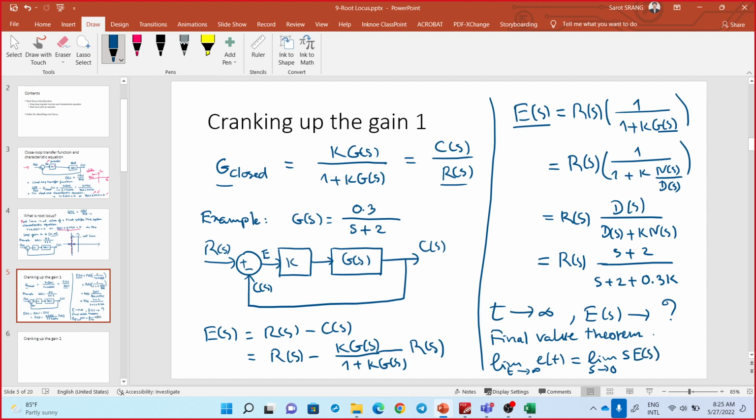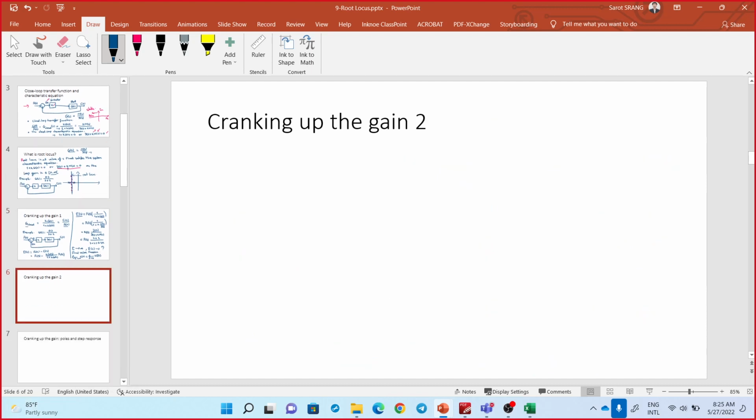So I recall E of s equals R of s times s plus 2 over s plus 2 plus 0.3k.